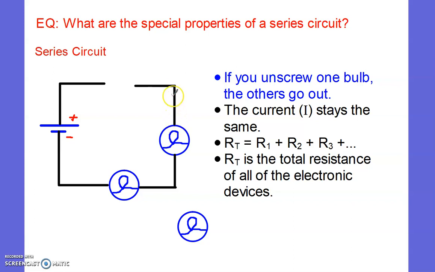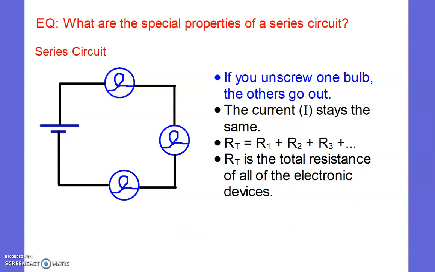The top part does not touch the positive, and therefore it does not light up. Same thing is true with this light bulb here. Although the left side touches the negative, the right side does not have contact with the positive. There's a gap here. So when we remove one of the light bulbs, it makes an open circuit, and therefore the other light bulbs don't light up.